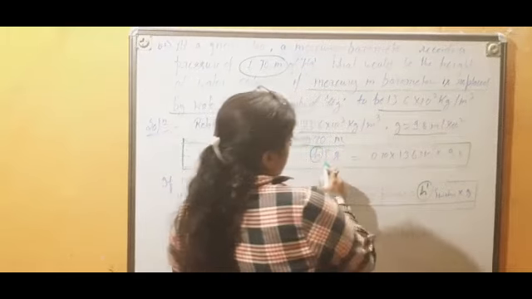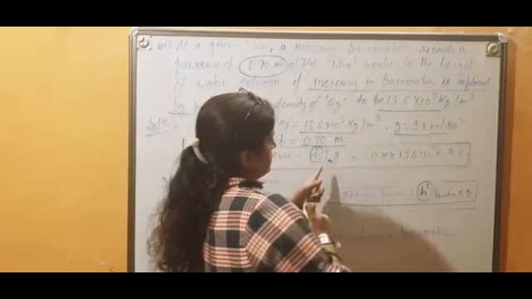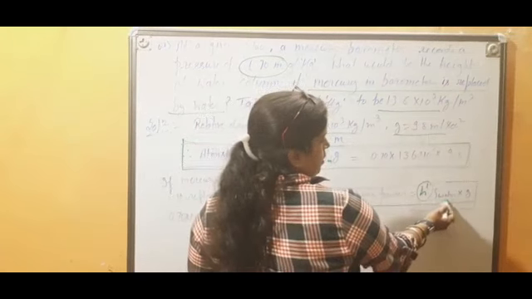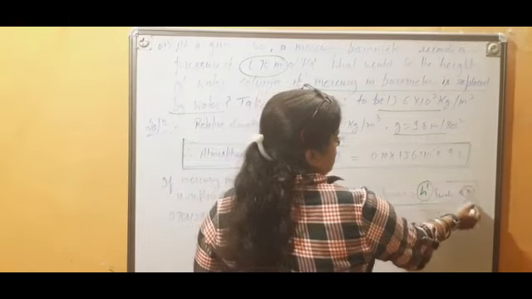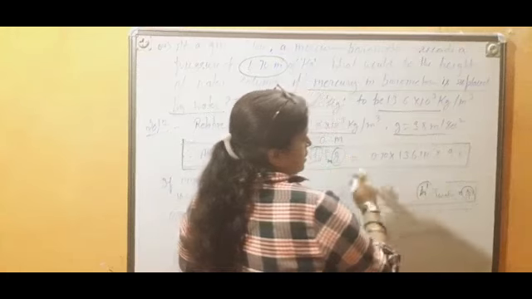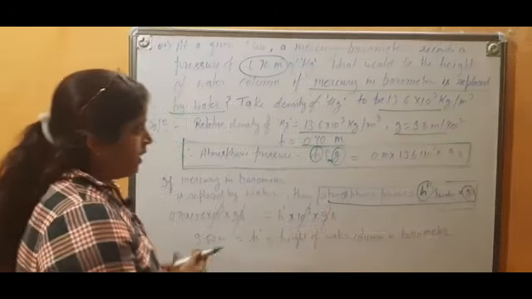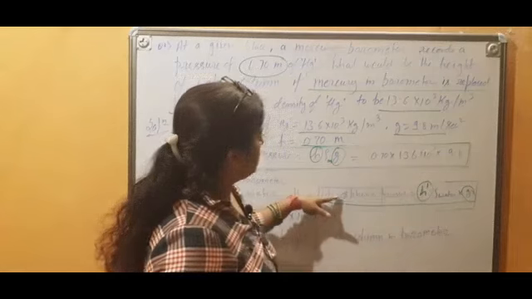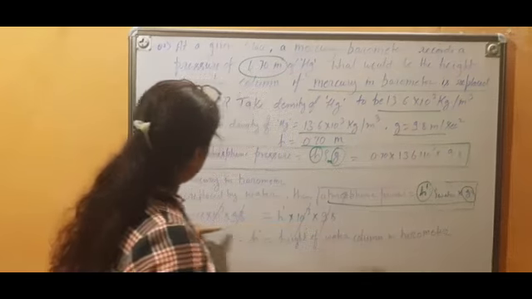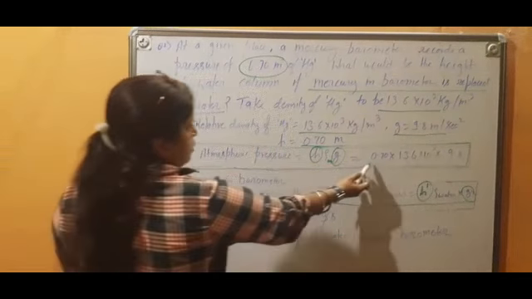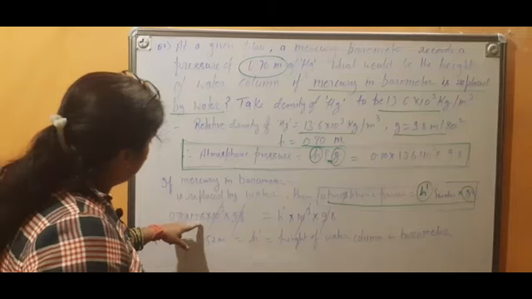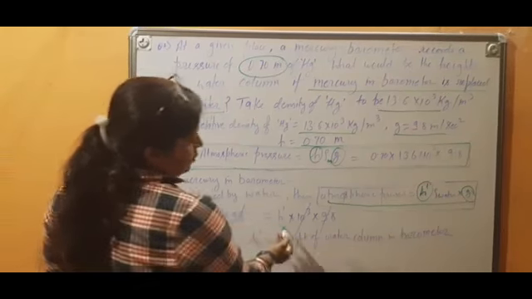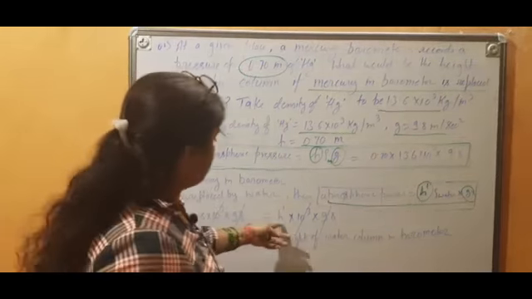Here rho, you may write rho m, that is the density of mercury, and here I have written rho water, that is density of water, into acceleration due to gravity. This is a constant value, so there is no change in the value of small g. Now in place of this I use this value because there is no change in atmospheric pressure, so I just wrote here on this side 0.70 × 13.6 × 10^3 × 9.8, and on the right side, because we don't know the height of water, we have to find out the same thing.